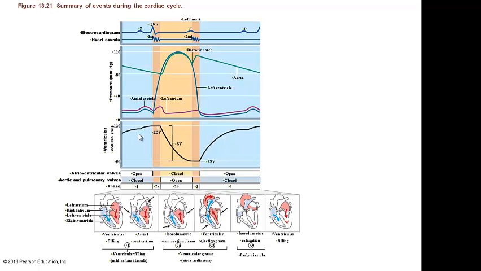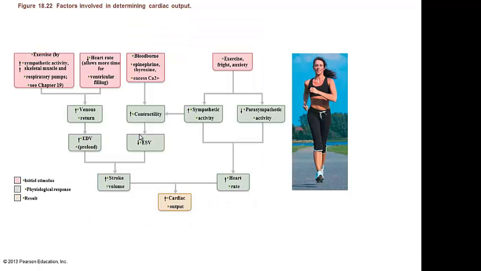So end diastolic volume is once the ventricles relax, before they contract. You see how high it is? And then during systole, you see the big drop and change, and then the end systolic volume is the volume after the end of the contraction. So we're talking about the ventricle. It's before and after contraction. So after relaxation fully, and then after contraction fully.